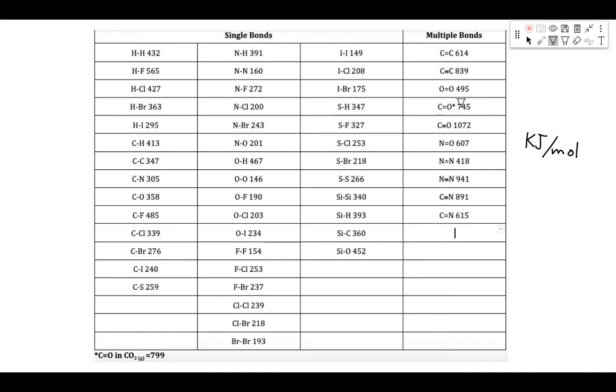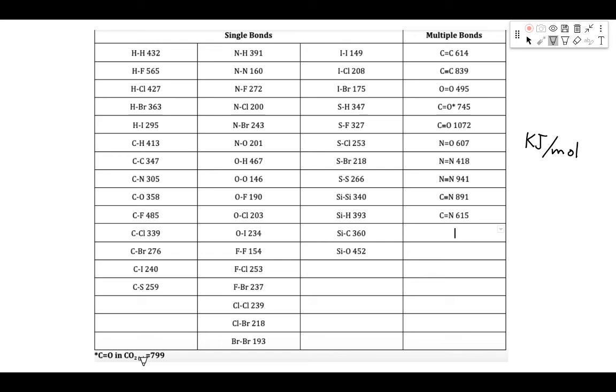But you'll see that there's an asterisk here, and down here it says whenever you're talking about carbon dioxide, the carbon and oxygen double bond has a bond energy of 799. And this is very important because in a lot of cases that we're going to see, and you'll notice this in the examples that we're going to do, we work with carbon dioxide quite a bit.